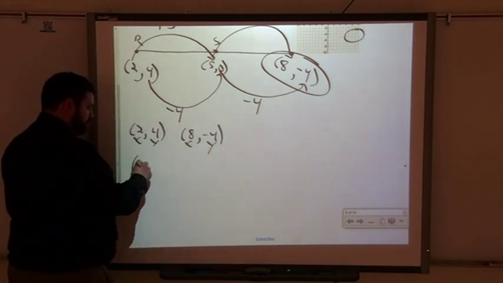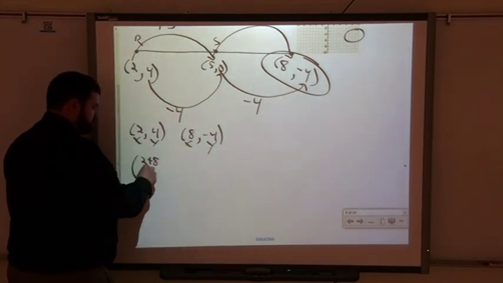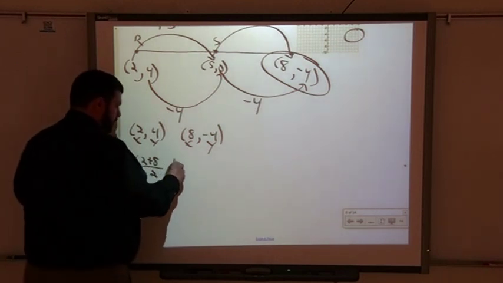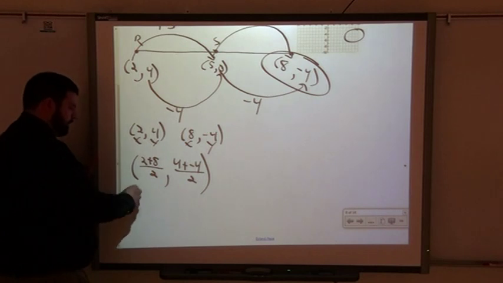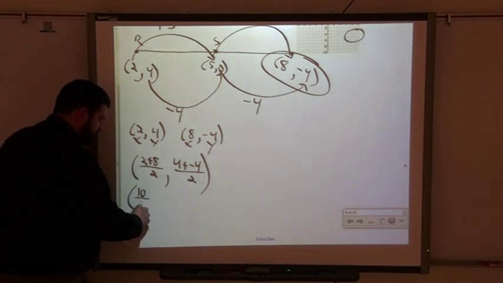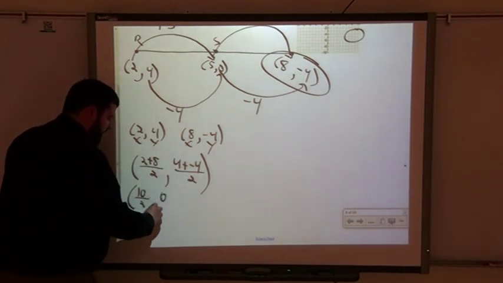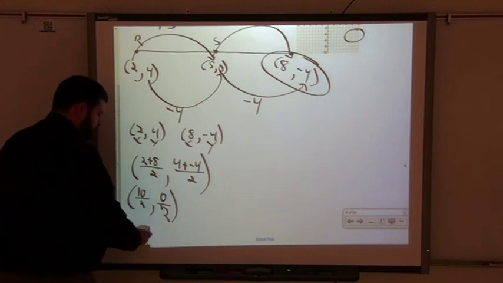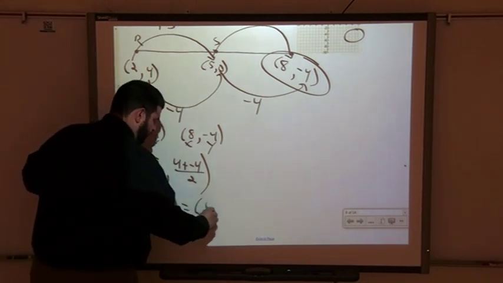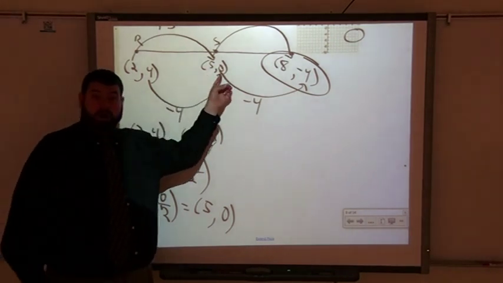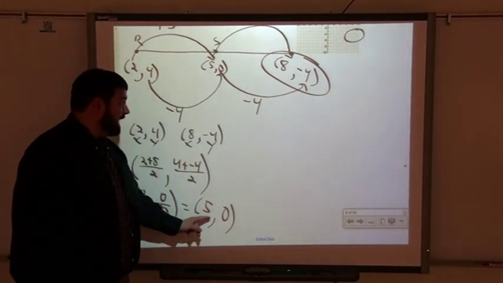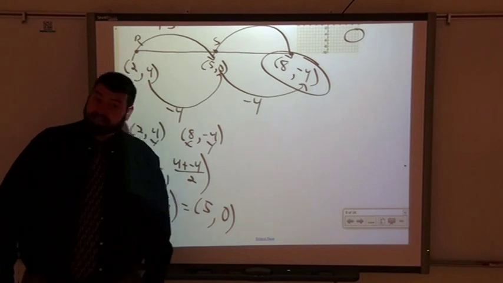The midpoint says x plus x, so 2 plus 8 divided by 2, and y plus y, so 4 plus a negative 4 divided by 2. Well, 2 plus 8 is 10, divided by 2 is 5. 4 plus a negative 4 is 0, divided by 2 is 0. And that's what I want. I want to make sure that I end up with the midpoint that I'm given.